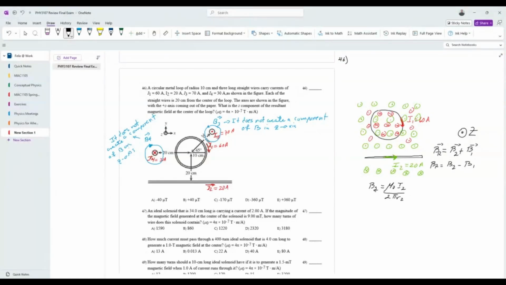This is the magnetic field at the center of the loop, because we know that the distance from the center of the loop to this wire is 20 centimeters.